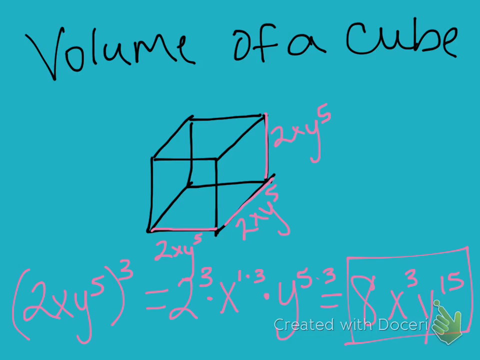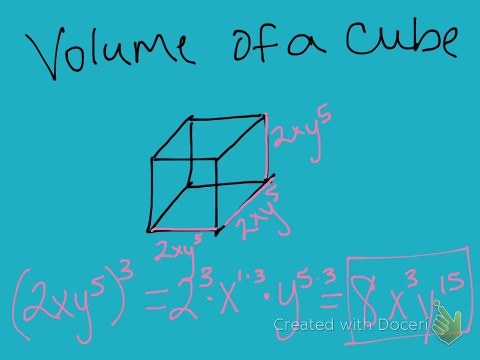A good example of where we would use some of this information in a real world context is the volume of a cube. If your cube is given the value of 2x, y to the 5th on all sides, meaning it's an actual cube, so all sides are going to be equal, then 2x, y to the 5th would be to the 3rd power, because volume represents length times width times height.